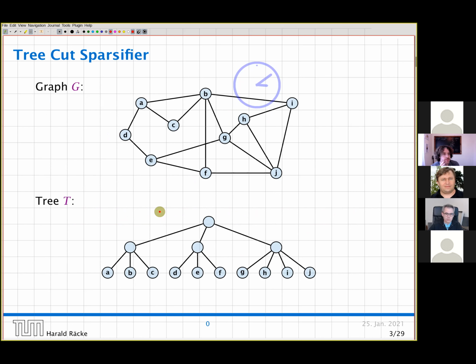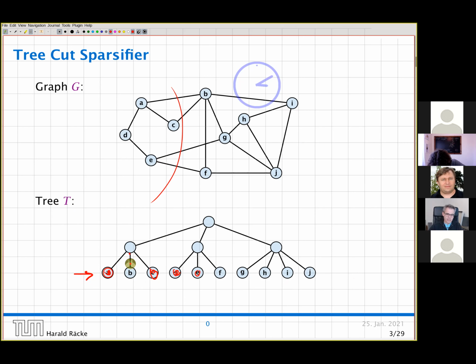So here is a picture. If I look at the cut in this graph, then in the tree, I have the leaf vertices. They correspond to the vertices in the graph. It may not necessarily be the case that these are the leaf vertices, but for the sparsifiers that we are looking at, these will be the leaf vertices. And then I mark these guys here, the red vertices, and then in the tree, I compute a min cut between the red vertices and the blue leaf vertices.